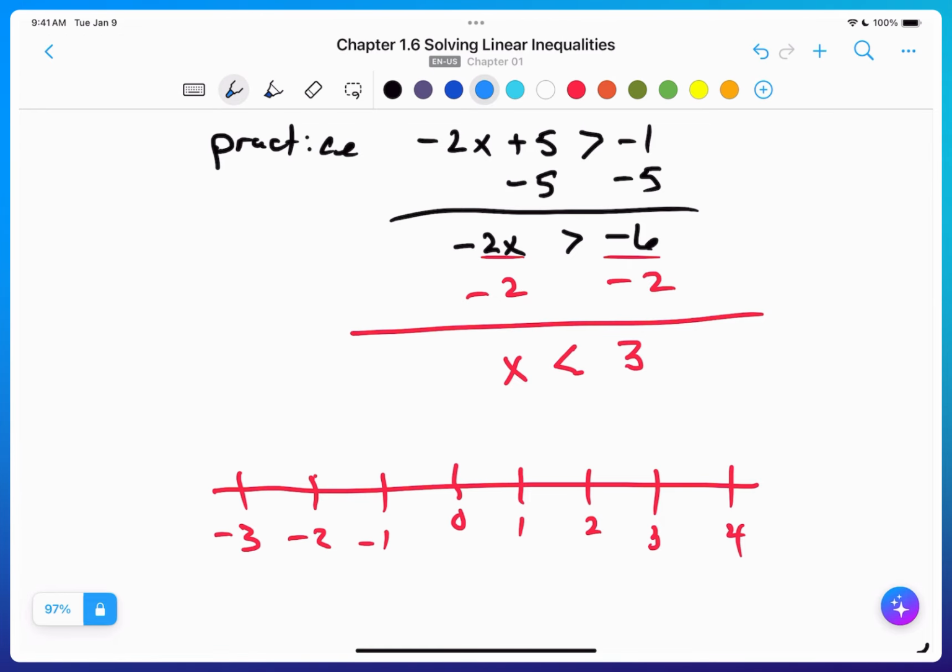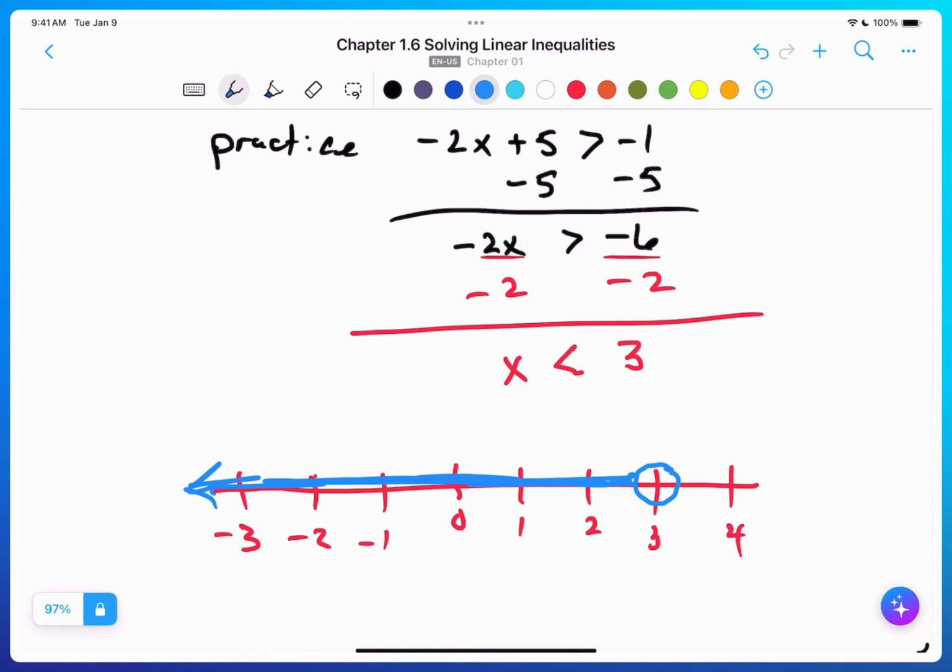There's no underline, so it's going to be an open circle. And then we draw the line this way. All the numbers to the left of this are going to be less than +3. So then there's your graph.